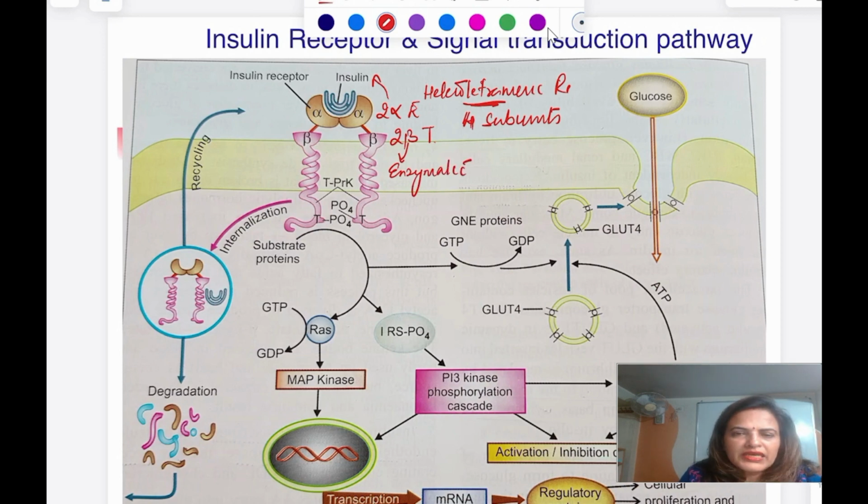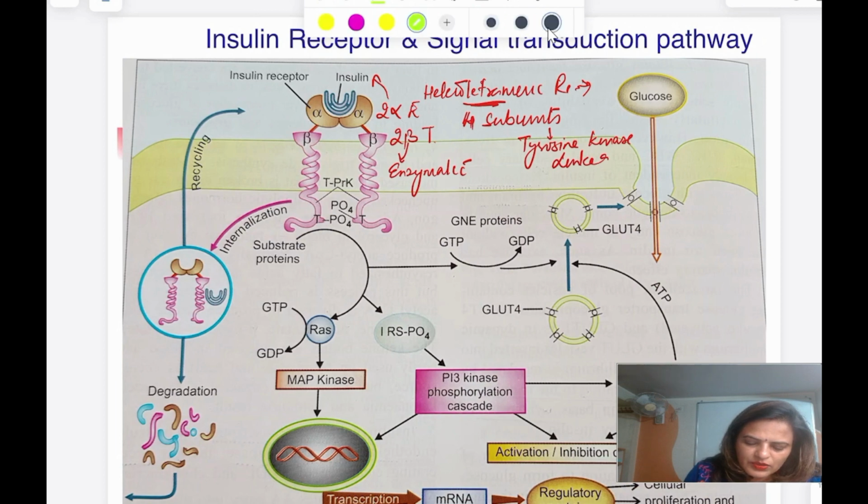Now it is a tetrameric receptor, and it is an enzyme-linked receptor, or tyrosine kinase linked receptor. You can see this tyrosine here and here. Once the insulin binds with the receptor, what will happen?